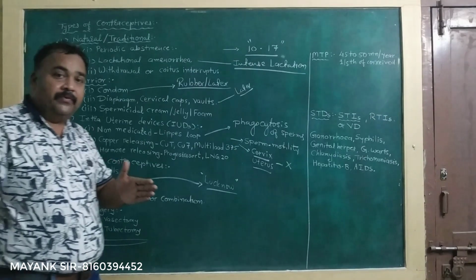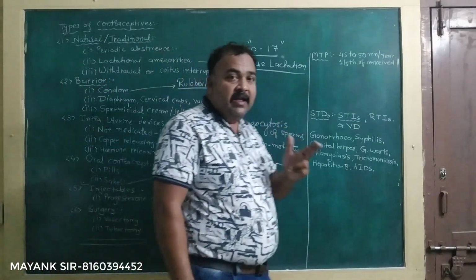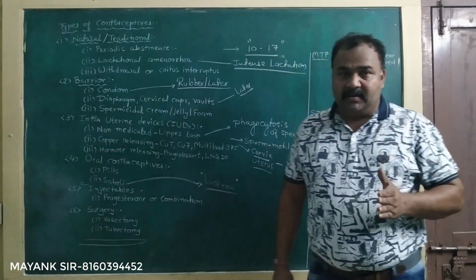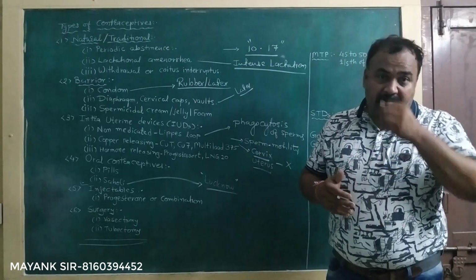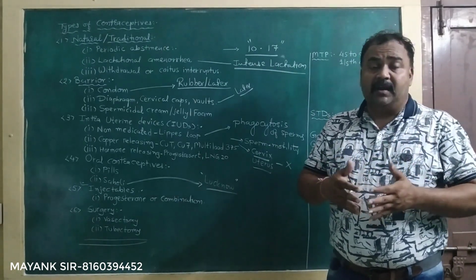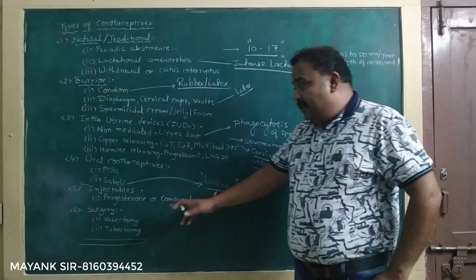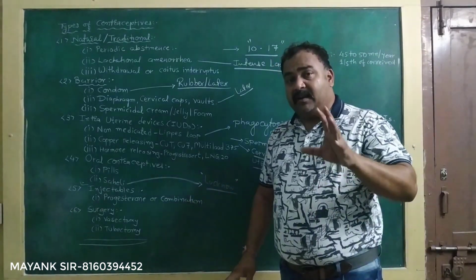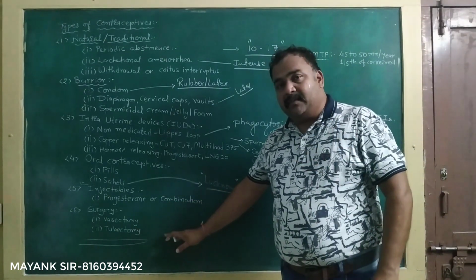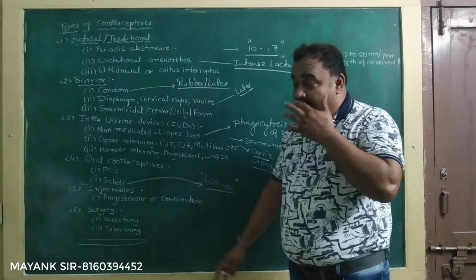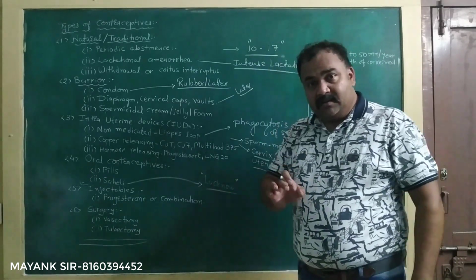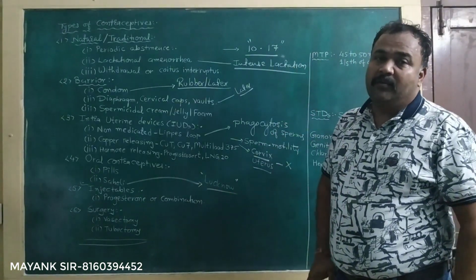As the vas deferens or oviduct are cut, there will be no possibility of sperms and ova meeting. The reversibility of these methods is very little, but they are 100% successful methods of contraception.